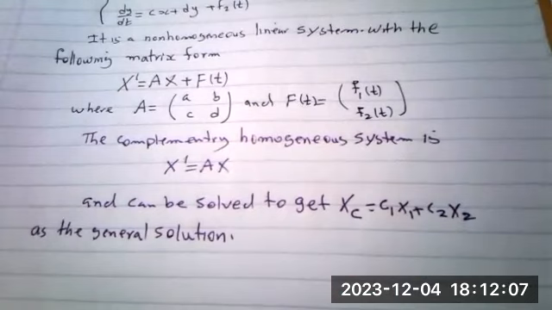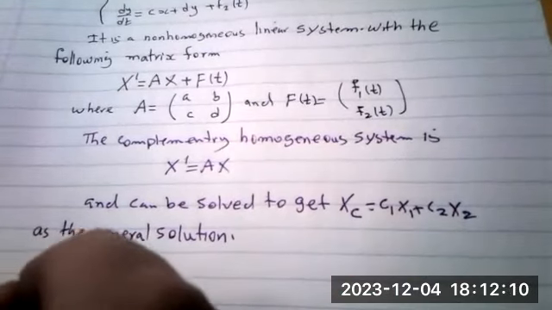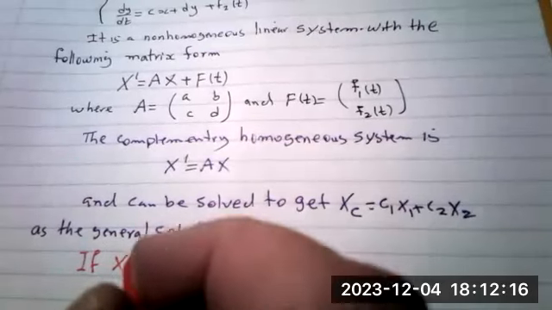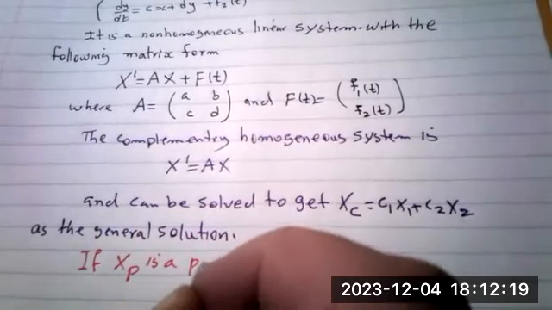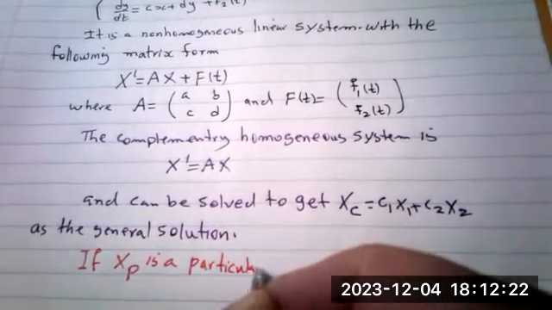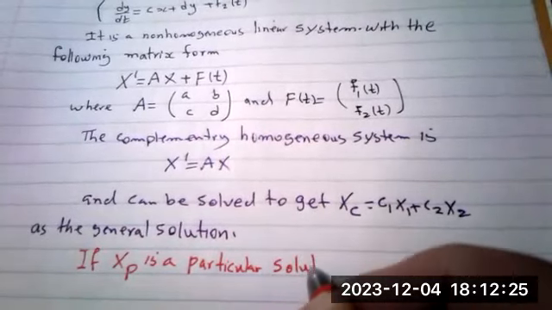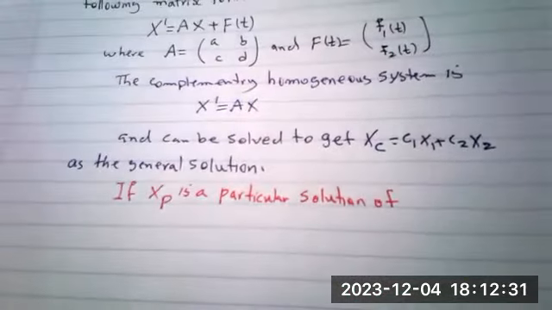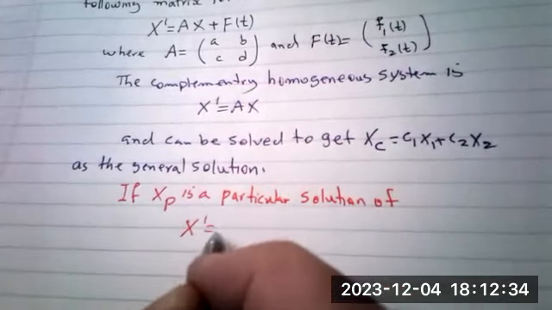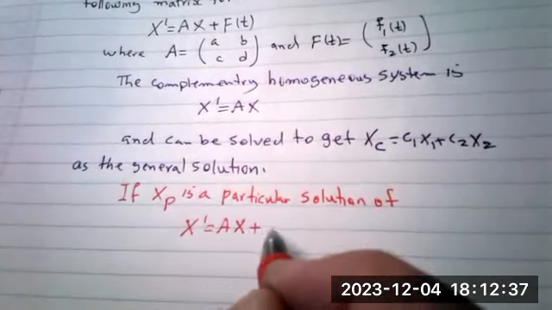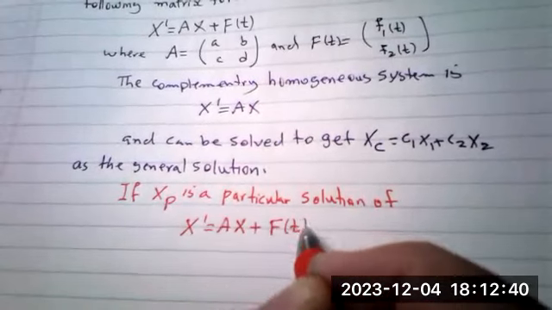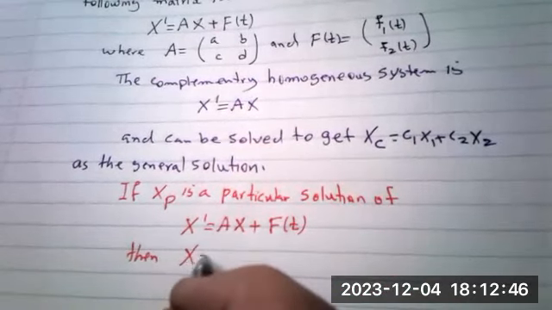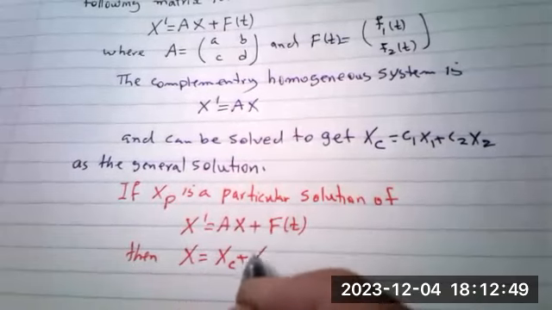So now if xp, which is a matrix again, is a particular solution of the non-homogeneous equation, x prime equal to A times x plus f of t, then the general solution of the equation is x equal to xc plus xp.